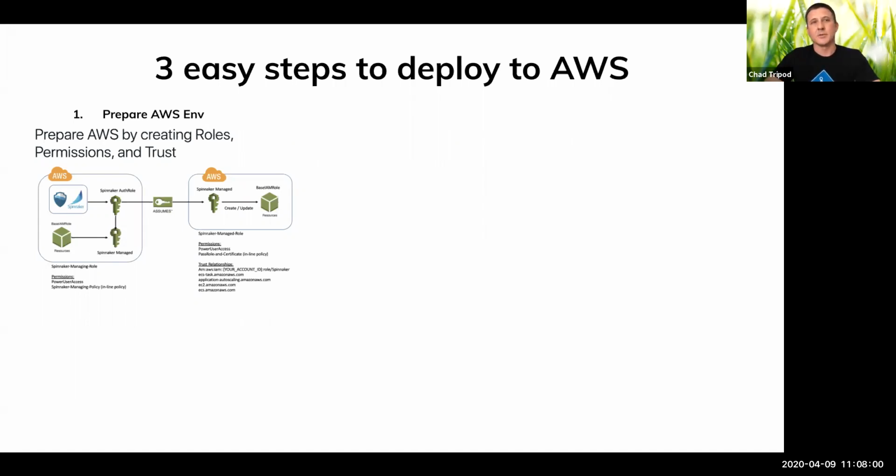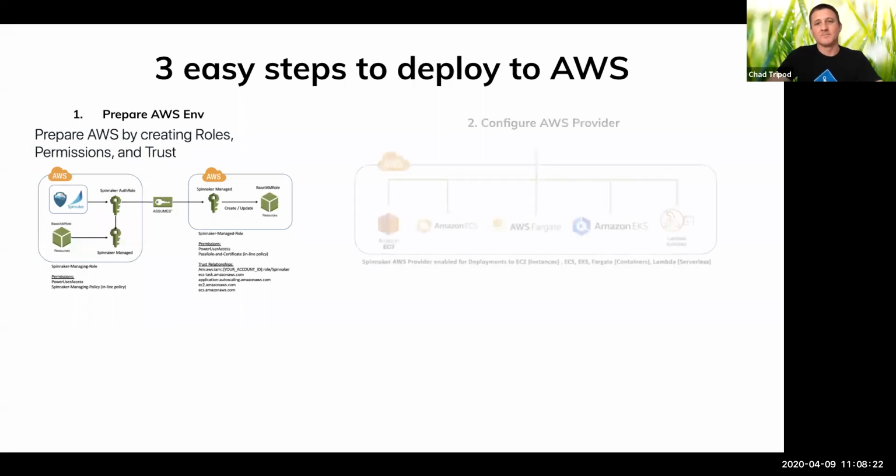You may have multiple accounts or different regions or different clouds that Spinnaker may talk to. But at the end of the day, what you need to do is provide the appropriate roles and permissions for Spinnaker to do its deployment into your cloud targets. So that's step 1, preparing your cloud environment with these different roles and permissions so that Spinnaker can do its job.